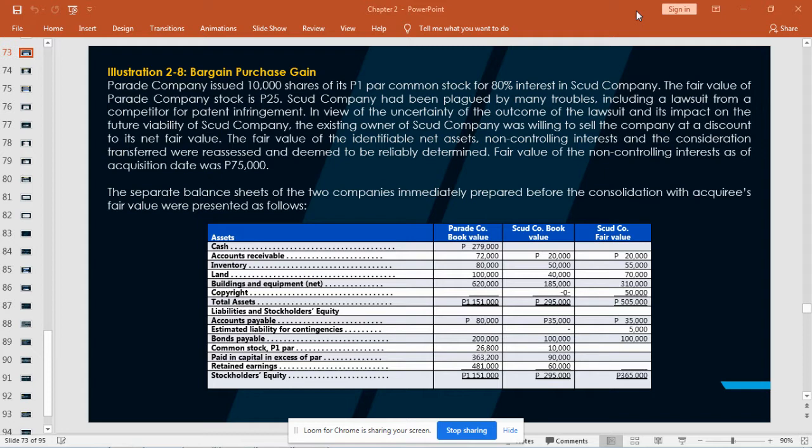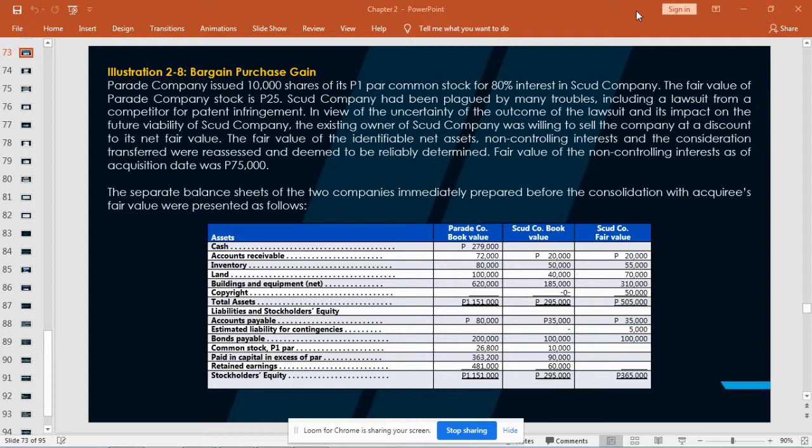So, Parade Company issued 100 shares of its one par common stock for 80% interest in SCUD Company. So, si Parade Company is our acquirer, and SCUD Company will be our subsidiary. The fair value of Parade Company stock is 25 pesos.